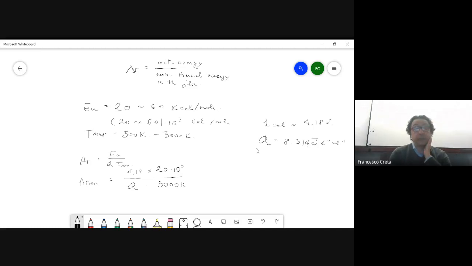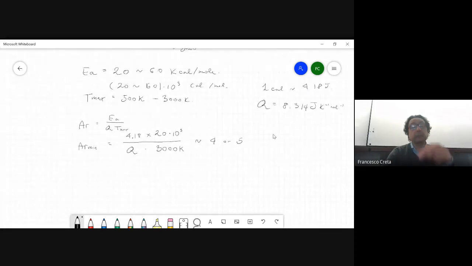And we get something of the order of 4 or 5. So the minimum Arrhenius number is actually bigger than 1.